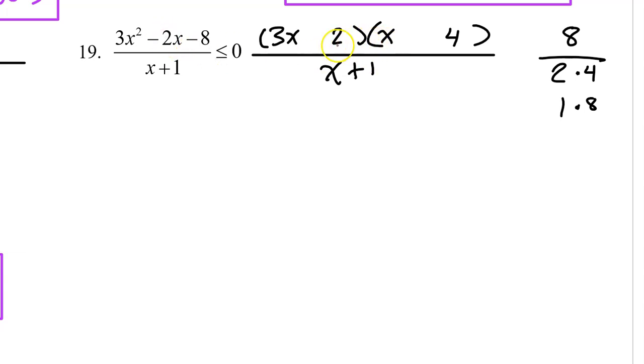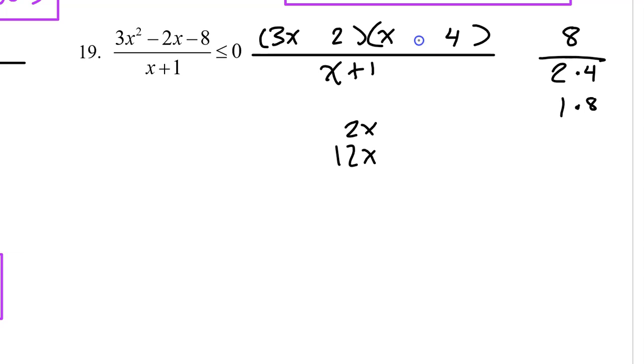Right now, inner is 2x. Outer is 12x. That's really big. Too big. I can control the signs, but there's no way I'm going to pick the signs on 2x and 12x that's going to give me a middle of negative 2x.